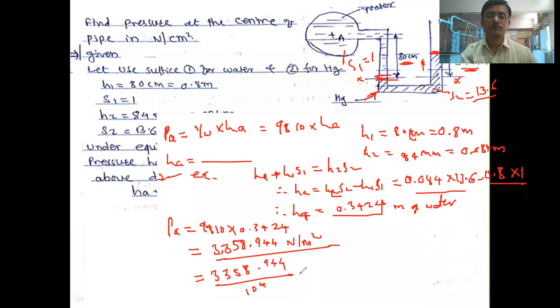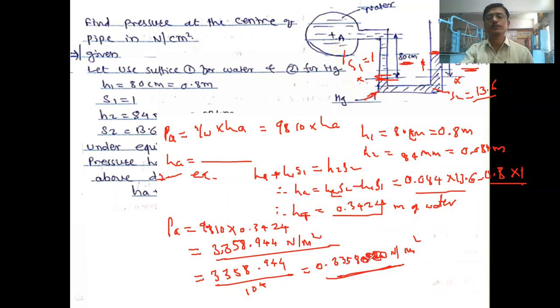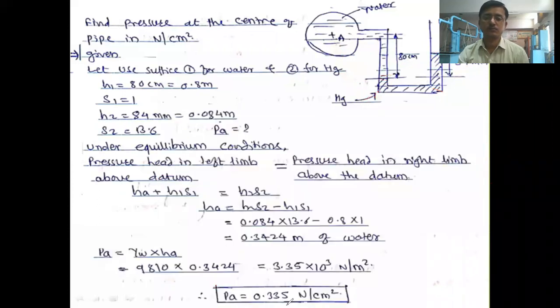So 0.3358944 Newton per centimeter square. Here you can write 0.3359 Newton per centimeter square directly.